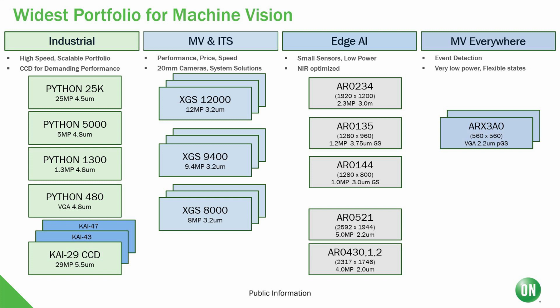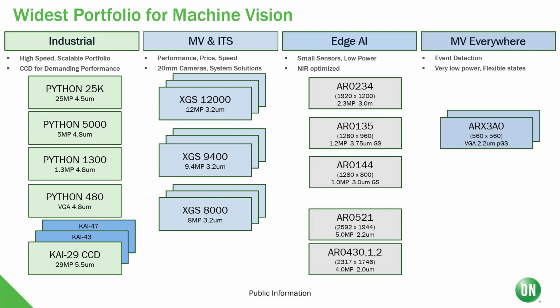We also offer many rolling shutter sensors that have very high sensitivity, including our 5 megapixel 521 and our 4 megapixel 430 family. This is just a small example of the many sensors available from ON Semiconductor. On the right, a new sensor, the ARX3A0, and this is an extremely small pseudo-global shutter sensor.